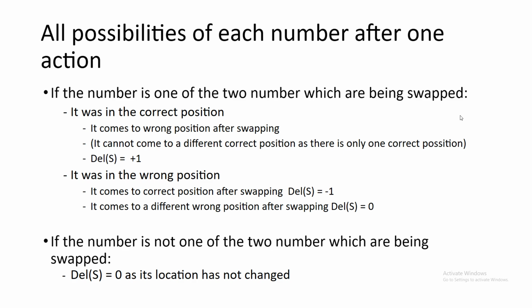And let's say that this digit is in its wrong position. Here it could be swapped to a correct position or it could be swapped to another incorrect position. If it is swapped to another incorrect position, delta S will be 0 because nothing essentially has changed for that digit. It was in the wrong position, it's still in the wrong position. But if it is swapped to a correct position, delta S will be minus 1 because the one digit which was previously misplaced is now correctly placed.